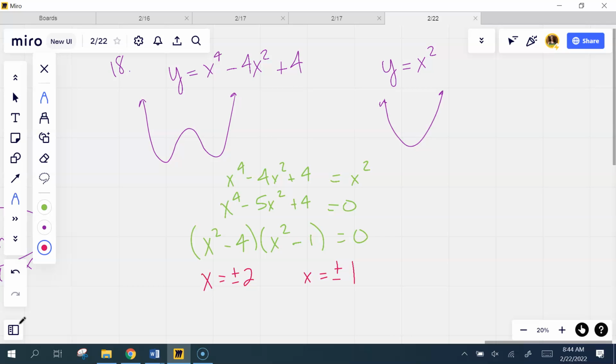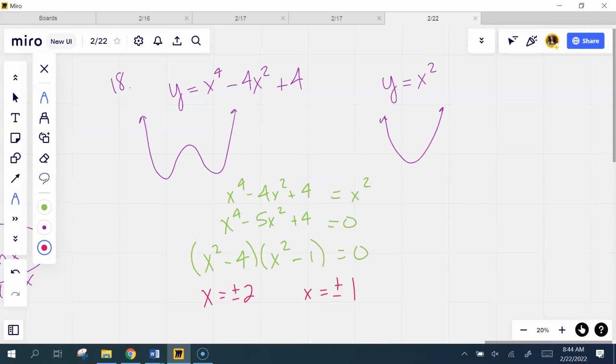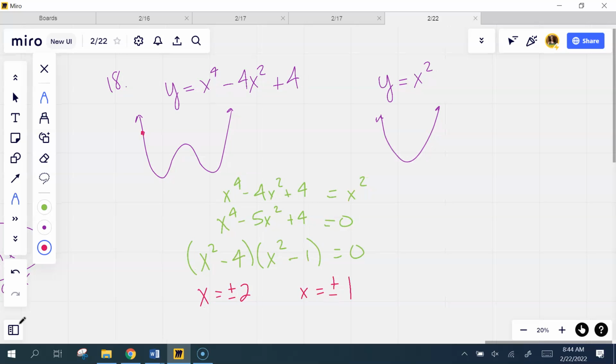I have 4 intersection points here, right? I would argue you might need a calculator to see the picture on this one. I know it's intersecting at -2, -1, 1, and 2.